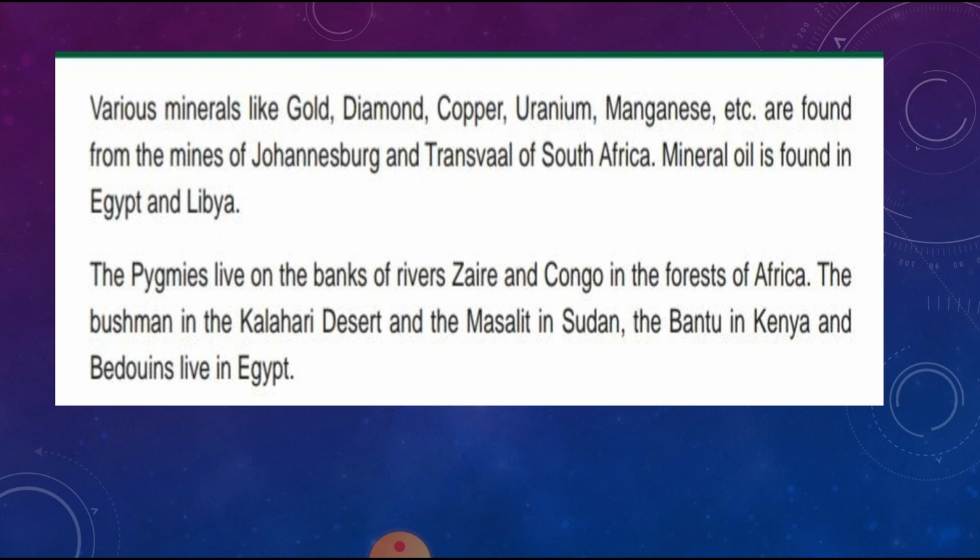So they are called pygmies, and they live on the banks of the river Zaire and Congo in the forests of Africa. And the Bushmen live in the Kalahari Desert, the Masai in Sudan, the Bantu in Kenya, and Bedouins live in Egypt. So this was about the minerals and the agriculture we discussed.